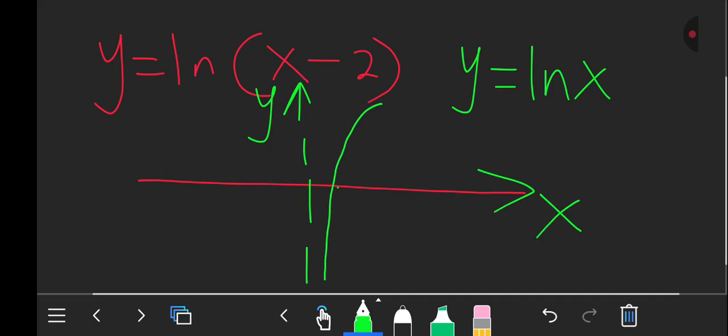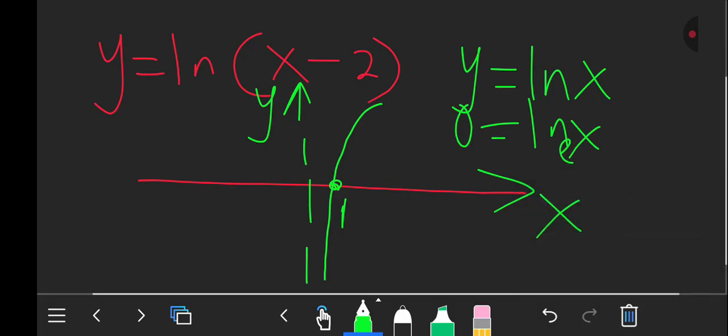At the point where it was crossing the x-axis, that is 1. How do we know that that is 1? Along the x-axis, what you need to know is that y is equal to 0. So 0 is equal to ln x. To find x, we know that the natural log has a base of e.